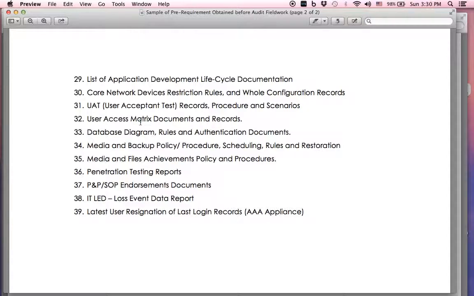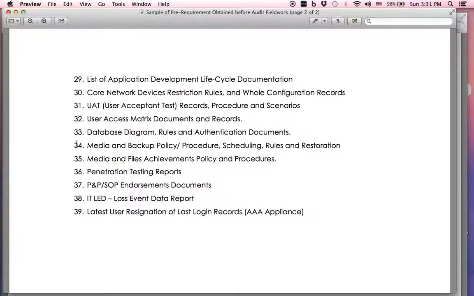So the user access and user privilege, we need to map into the worksheet to understand their role, their responsibility, to understand the need-to-know basis, the need-to-have basis, below the standard requirement. So you need to obtain this document definitely. So item 33, the database diagram, rule and authentication document.